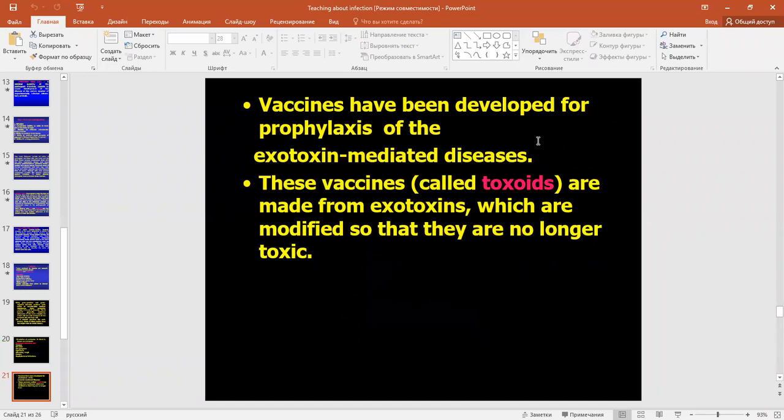So vaccines have been developed for prophylaxis of exotoxin-mediated diseases, and these vaccines, called toxoids, are made from exotoxins which are modified so that they are no longer toxic.